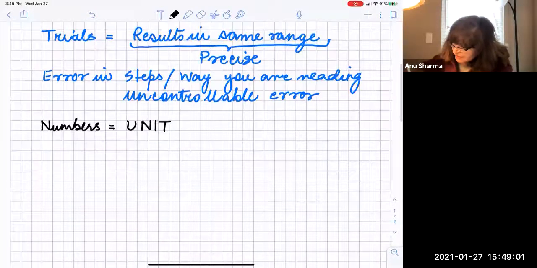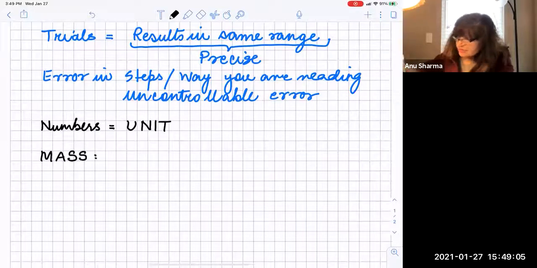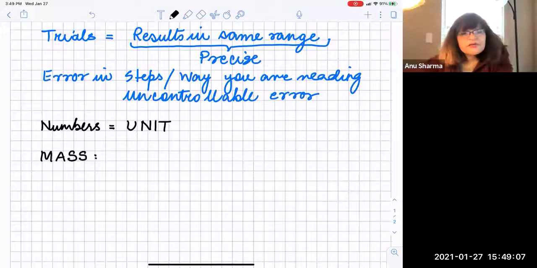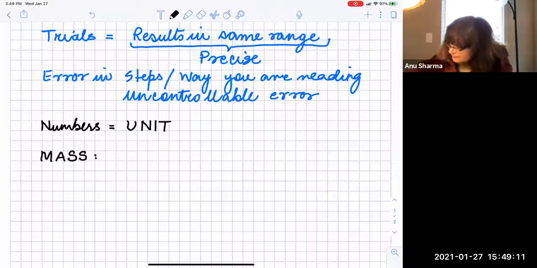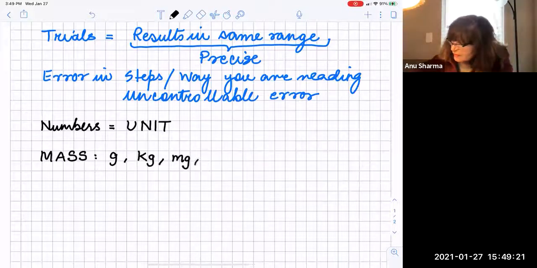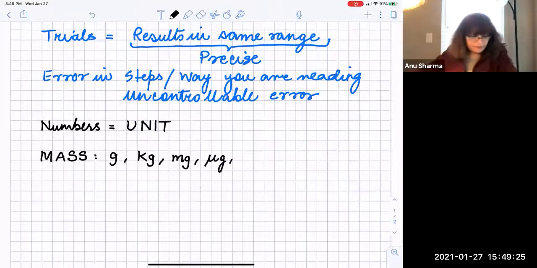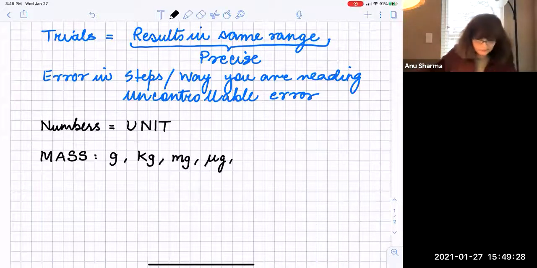For example, when you're taking the data on mass, what kind of units are there for the mass? Grams and all the other associated units. Grams and kilograms, milligrams, micrograms, right? And what else for the mass?